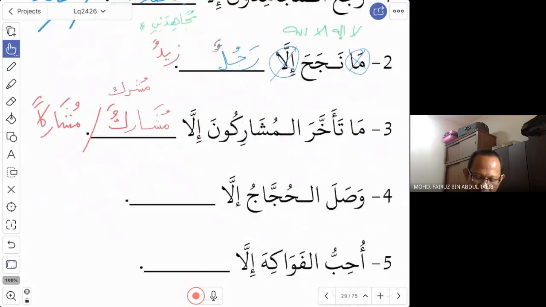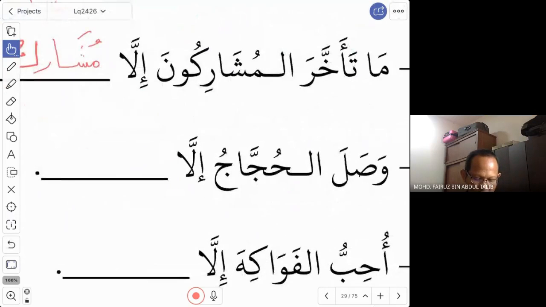Al-jumlatu al-rabi'ah: wasal al-hujjaju. The pilgrims have arrived, except this person. He did not arrive. He wanted to overstay, or because he has died in Mecca.